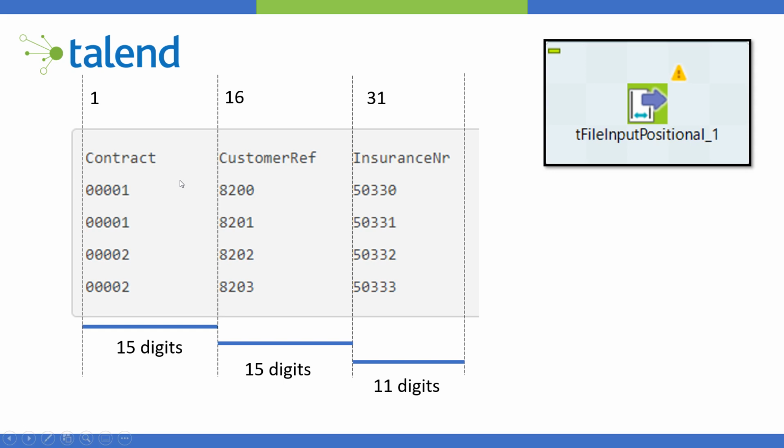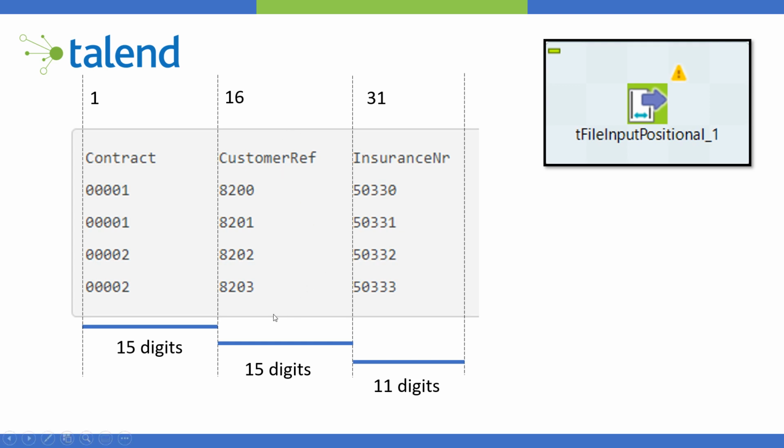So we have a sample file, and the data is starting from position 1 and position 15 is the last position for the first field, which is contract. It means we should know in advance what's the maximum length of this field, and in this case we know it's going to be from 1 till 15. The largest number is going to be of 15 characters, so we allot this space to that. And then we have customer reference.